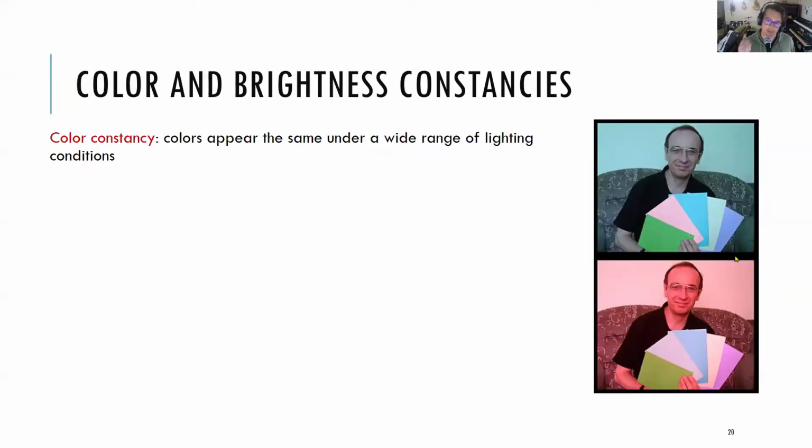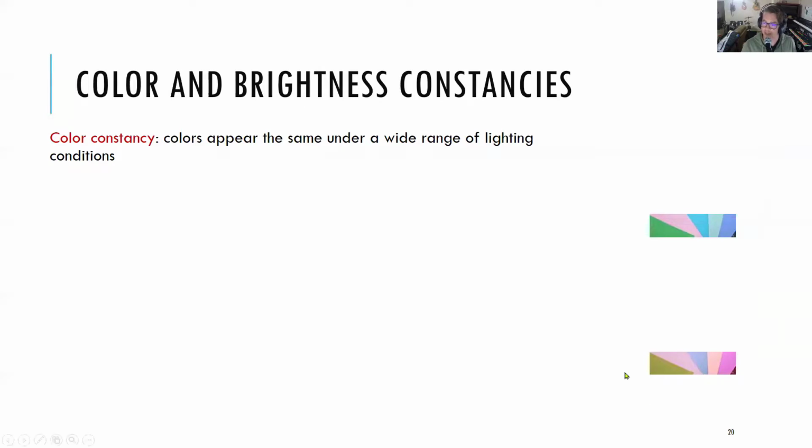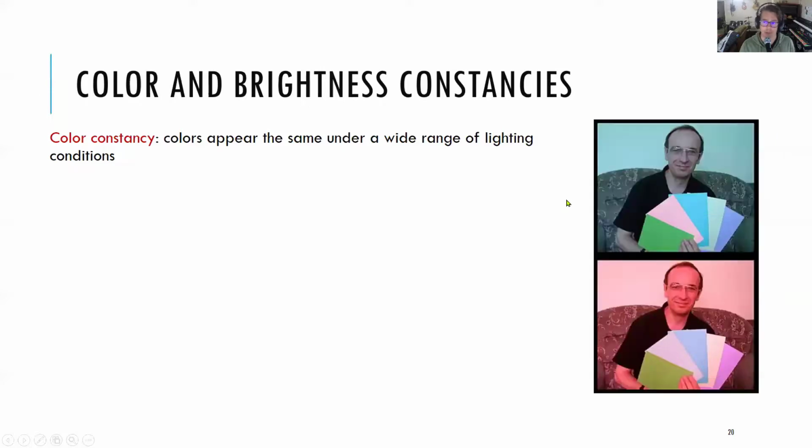It's believable for me to say this is exactly the same picture taken seconds apart, or one second apart, with just a different filter on the camera. That's conceivable, right? You believe me when I say that, even though when I do this and I say those are the same pieces of paper, you may say, well, wait a minute, I don't know about that. So this is an example, just like with the brightness constancy: the context of the lighting in that environment is always taken into account by your brain, which is interpreting what it's seeing.